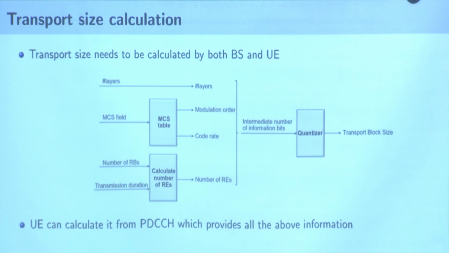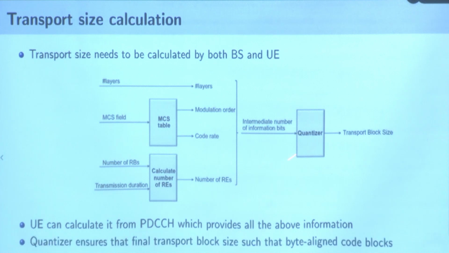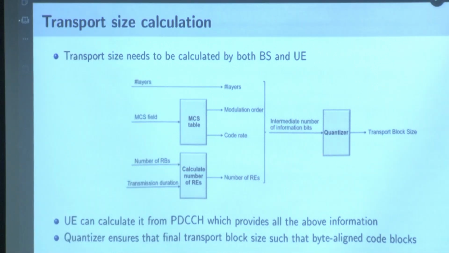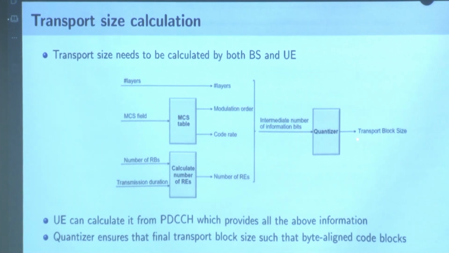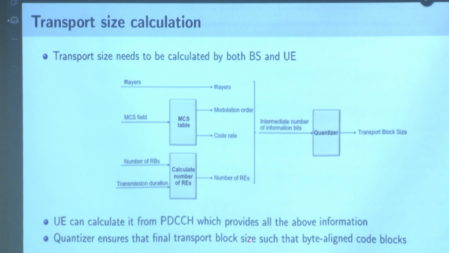Now what is the job of the quantizer? The quantizer ensures that the final transport block size is basically such that the code blocks are byte aligned. This quantizer ensures that the code blocks which are generated after segmentation are byte aligned, so that the processing becomes easier.